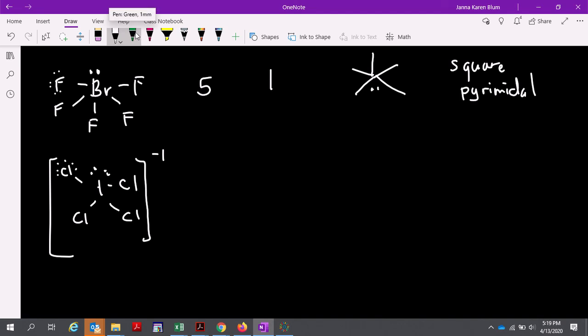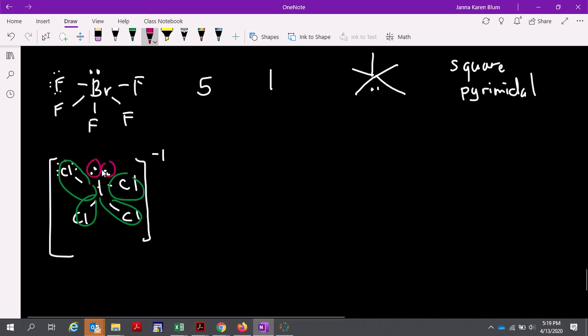I have the 4, 1, 2, 3, 4, 2 lone pairs. So I got 4 bonding groups, 2 lone pairs. Draw my octahedral geometry. So the first one we picked just out of convenience was the bottom. So I'll replace that one with the bottom.